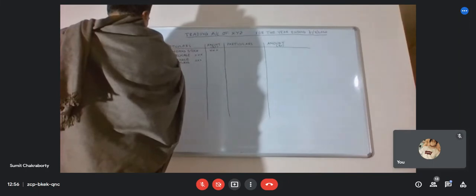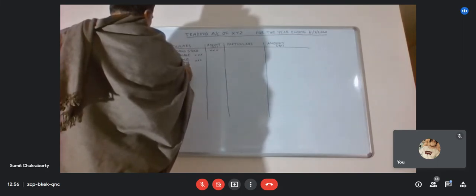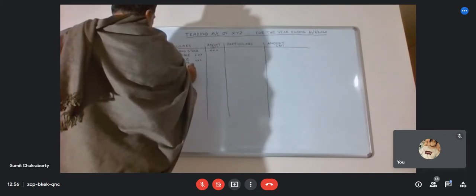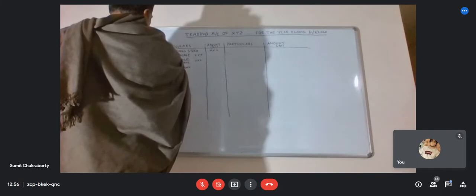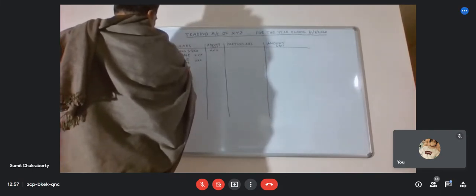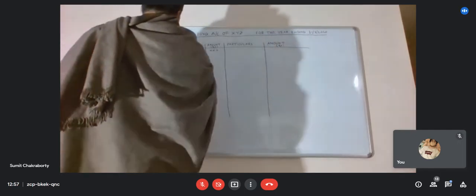Less goods drawn by the owner for own use.